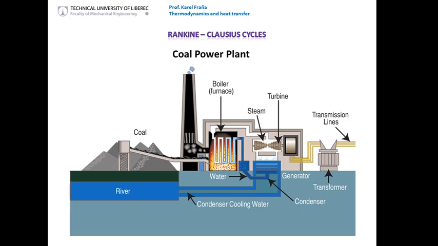In the steam turbine, the pressure energy of the steam will be transferred into the mechanical work of the turbine wheel, and it will be used to drive the generator. The generator produces electricity. Of course, you have to stop this process very close to the line of the condensation, because during the expansion there is a drop of temperature and the steam starts to condense.